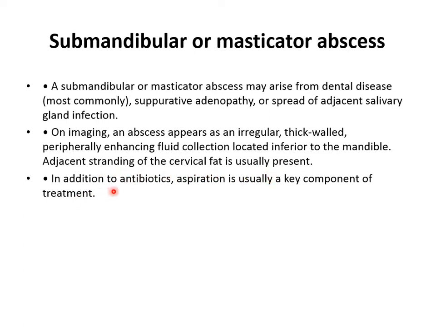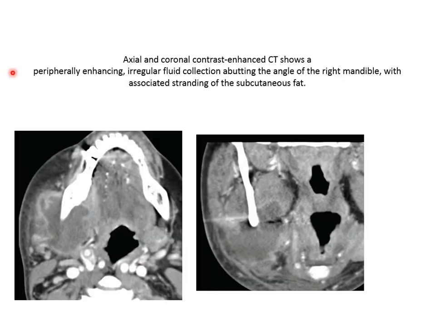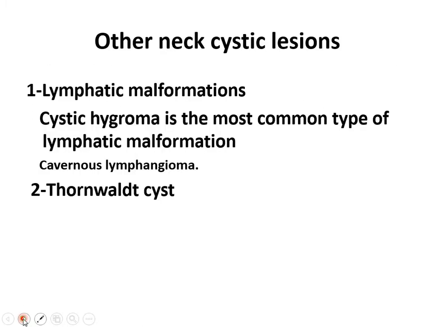In addition to antibiotics, aspiration is usually a key component of treatment. Axial and coronal contrast CT shows a peripherally enhancing irregular fluid collection abutting the right mandible with associated stranding of the subcutaneous fat.